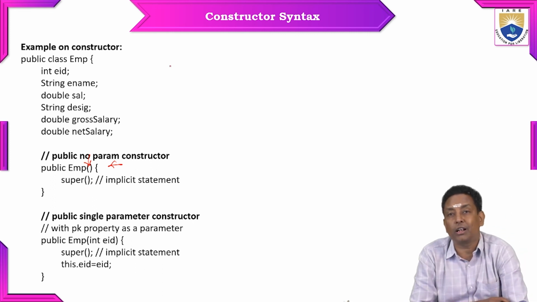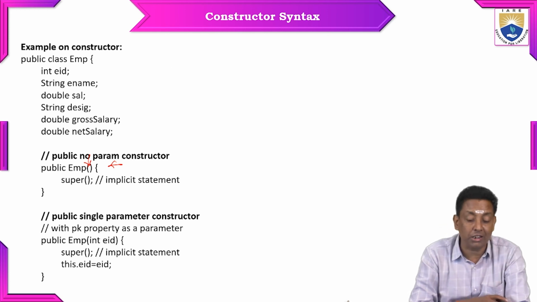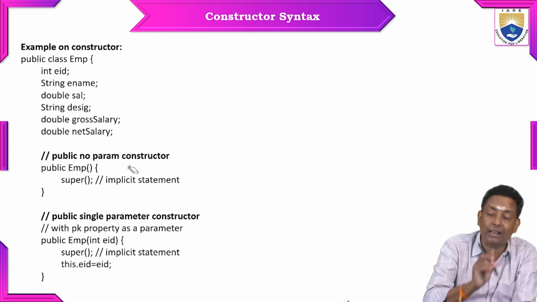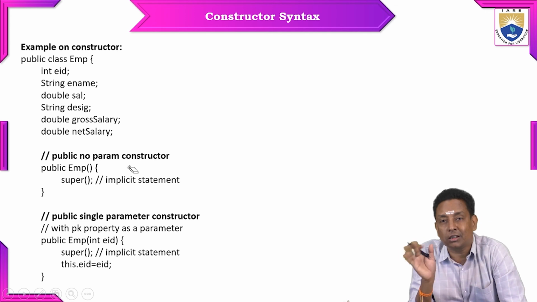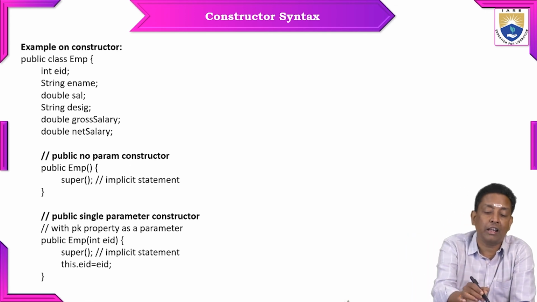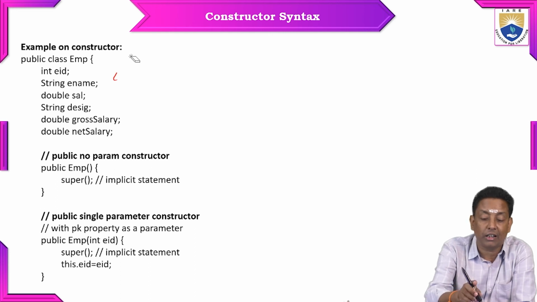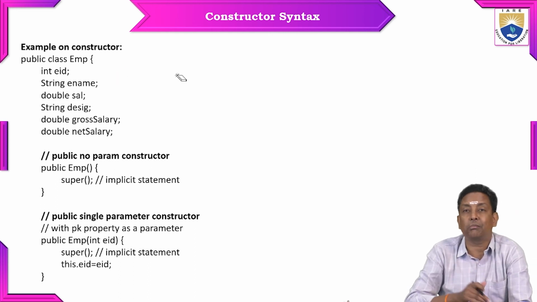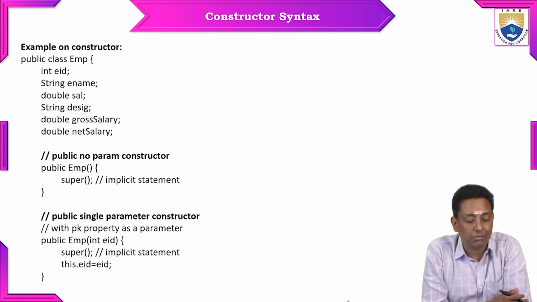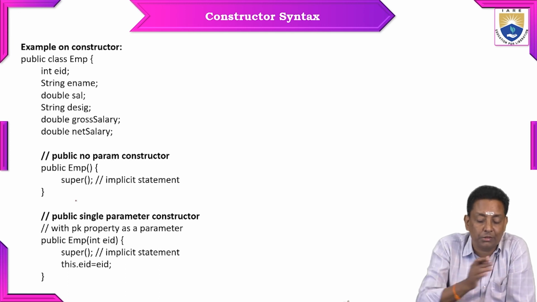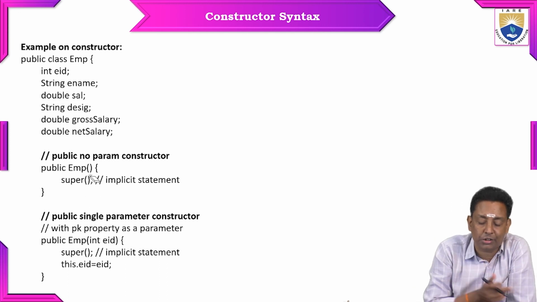What is the superclass of the employee class? There is no superclass written, but in Java the supermost class of all classes is Object. If you don't write extends or any superclass to employee, by default the superclass is Object itself. So the Object class constructor will be called by the super statement.